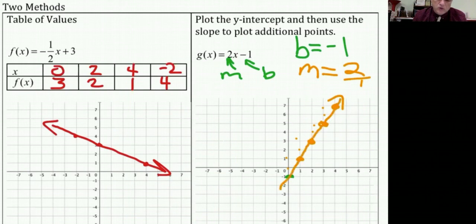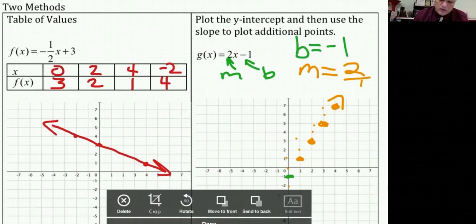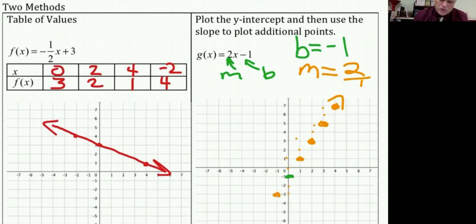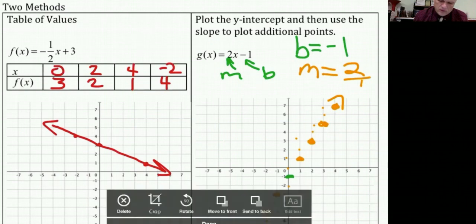It also goes, in this case, left, not just right, infinitely. So if you start back here at the y-intercept, we can go down 2 and left 1. Negative over negative is also a positive slope. So down 2, left 1. Down 2, left 1.